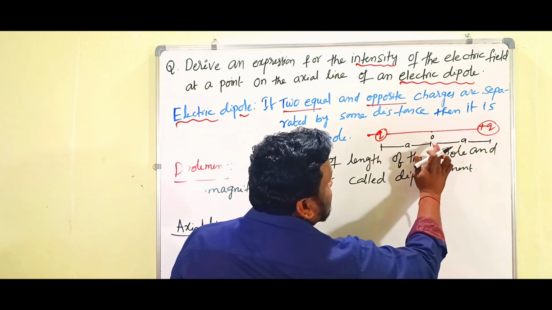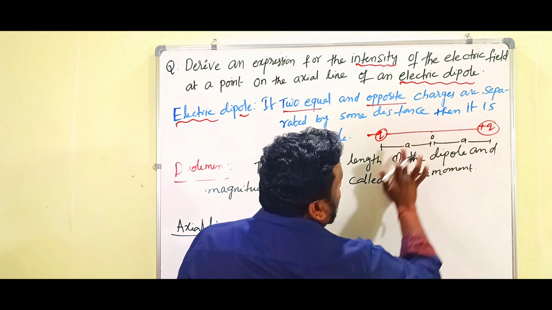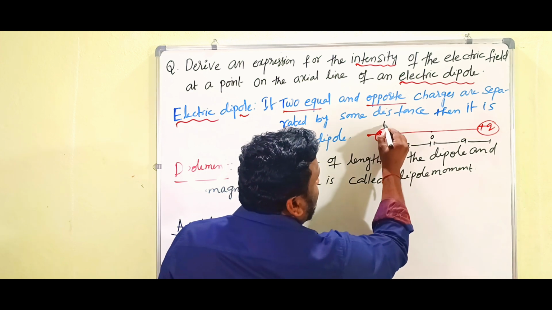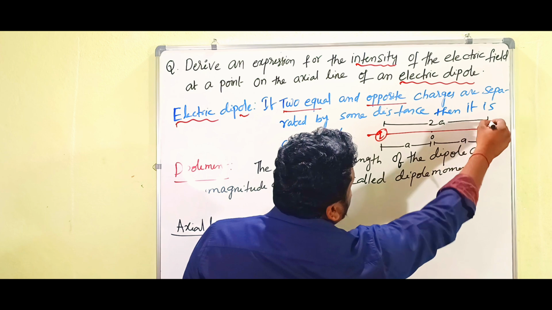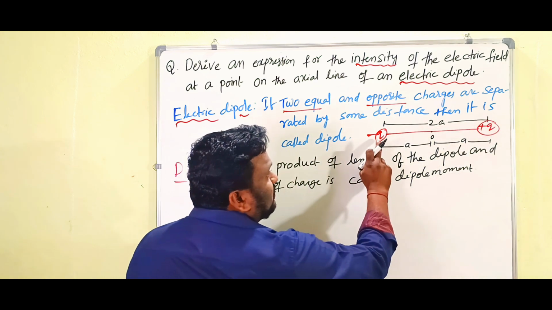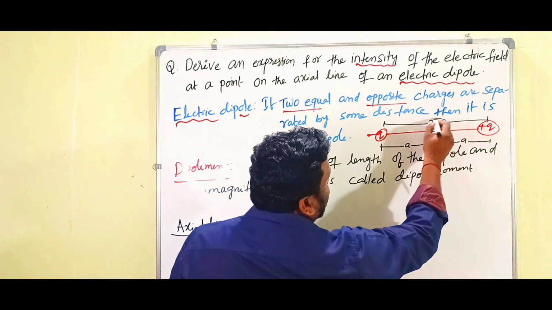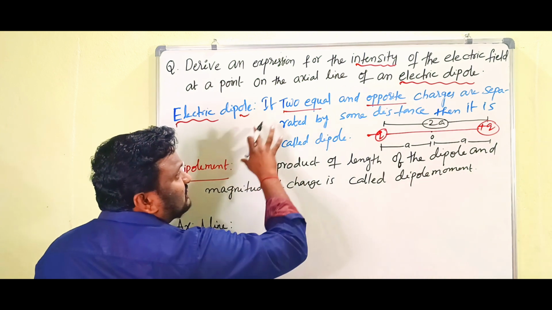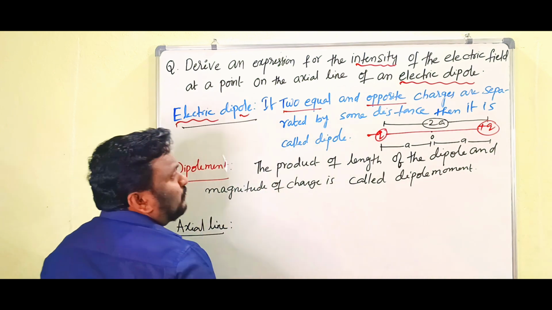That means the distance from the center of the dipole to every charge is the same, and 2a is taken as the dipole length. So children, this is simply about the electric dipole.